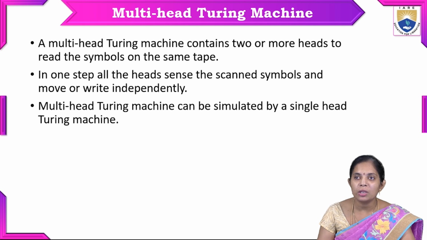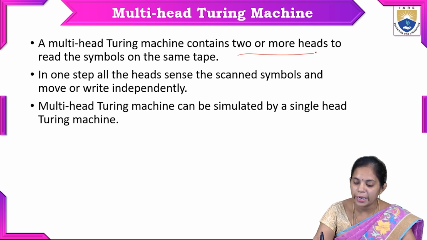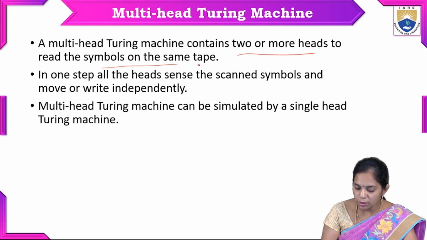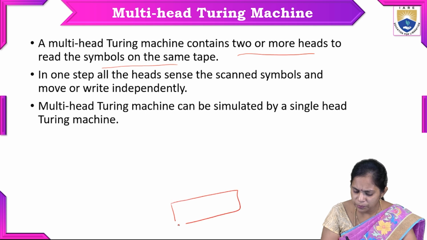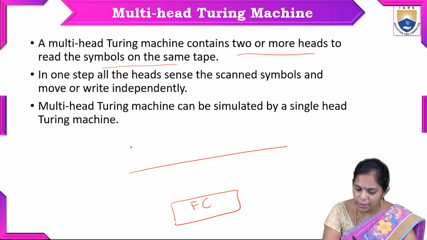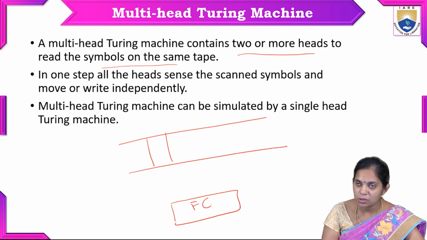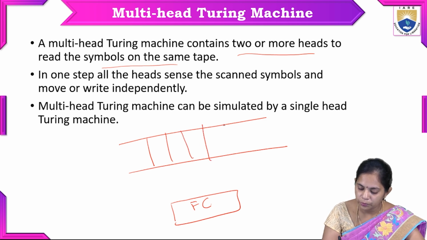So a multi-head Turing machine contains two or more heads to read the symbols on the same tape. So here multi-head represent FC, finite control, which is having the same tape. So this tape is two-way infinite. In this one, A, B, C, and the remaining are all blank symbols.